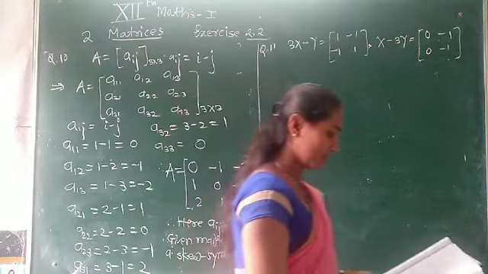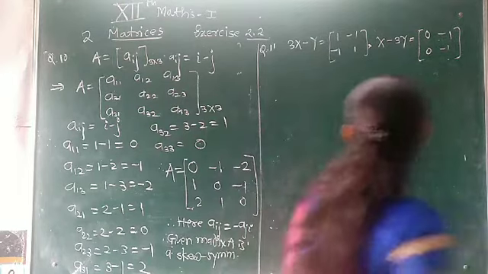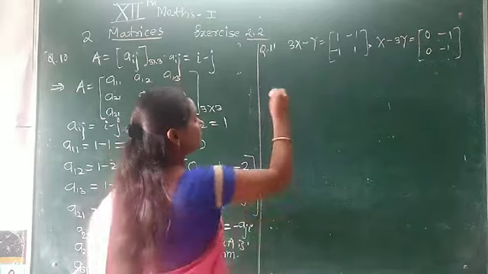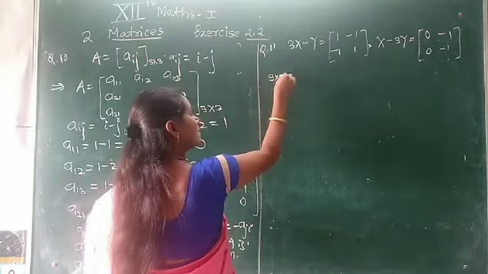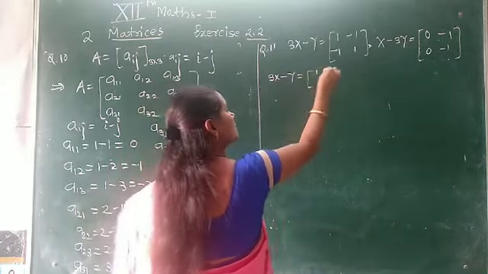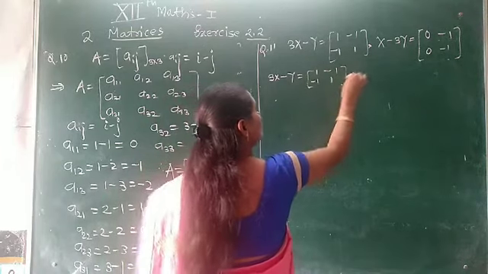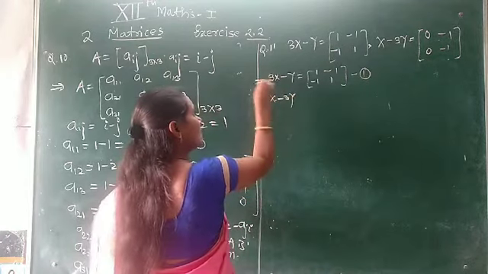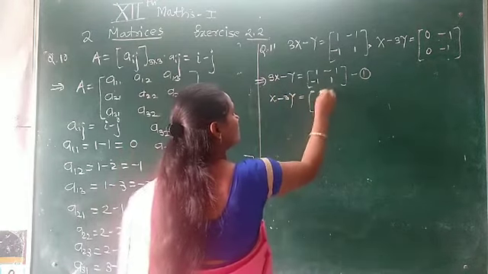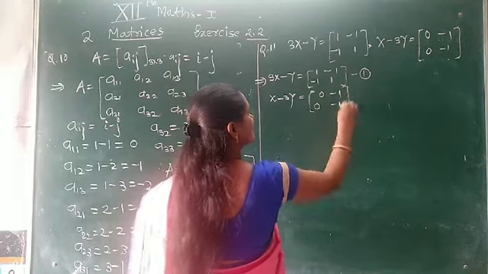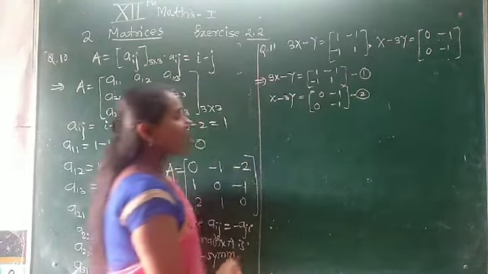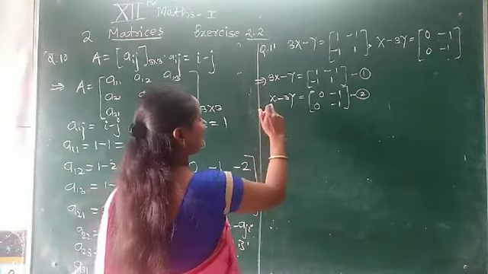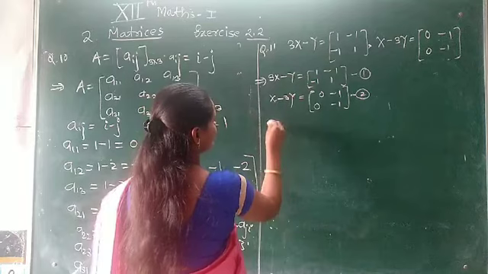These two equations are given and we have to find the values of x and y. So first give the numbers to these matrices. 3x minus y is equal to 1, minus 1, minus 1, 1, say equation number 1. Next x minus 3y is equal to 0, minus 1, 0, minus 1, that is equation number 2. We have to find the matrices x and y. So first we multiply this equation by 3.